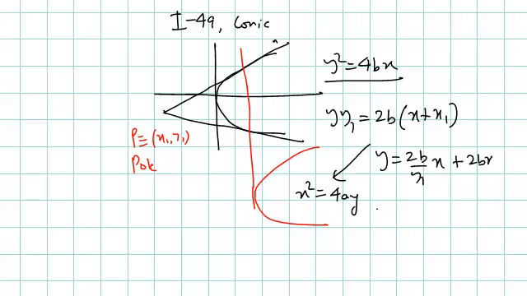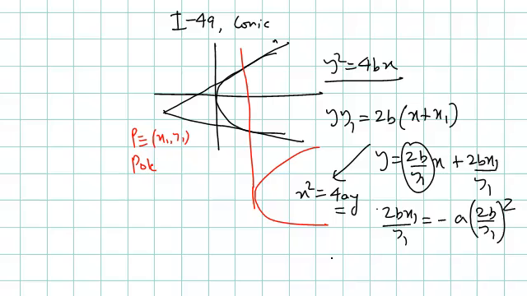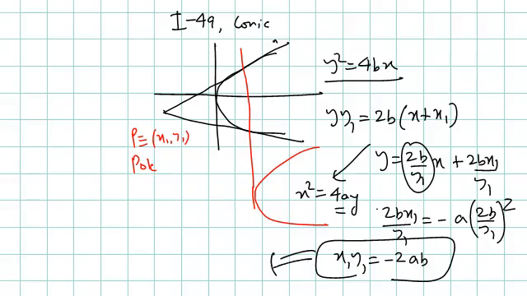So c is 2b x1 by y1 equals to minus a m square, where the slope is 2b by y1. If we simplify this, it is x1 y1 equals to minus 2ab, that is the locus, that is xy equals to minus 2ab is the locus, a rectangular hyperbola.